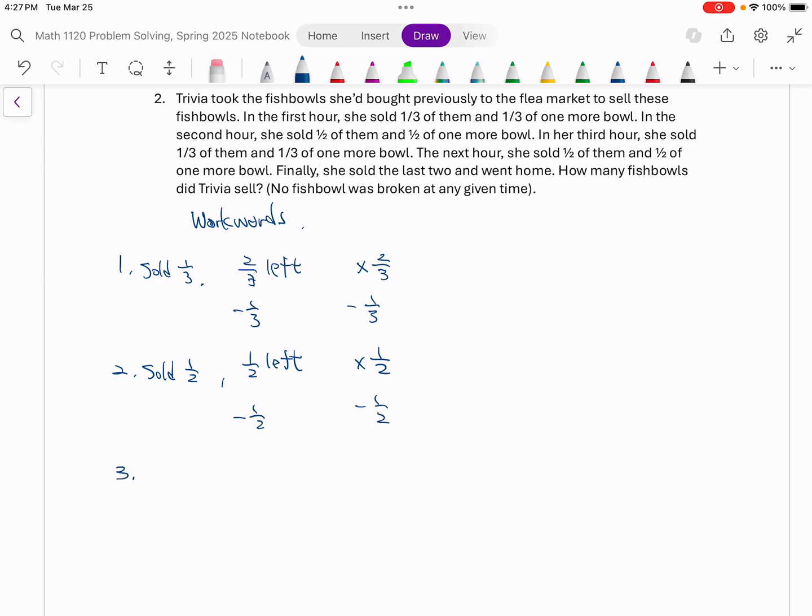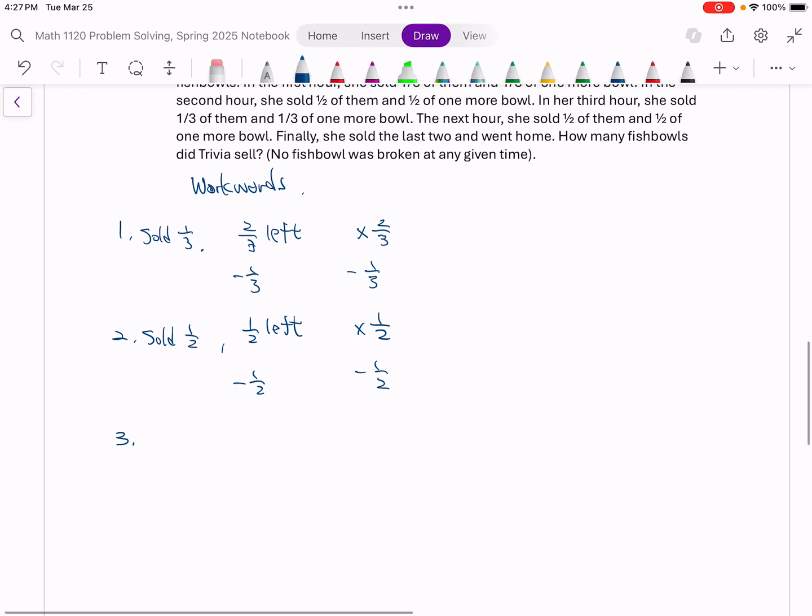In the third hour, she sold 1/3 of them. Probably if you write this down, this might help you realize you have 2/3 left. So the number left from the second hour times 2/3, and you sold 1/3 more, so minus 1/3.